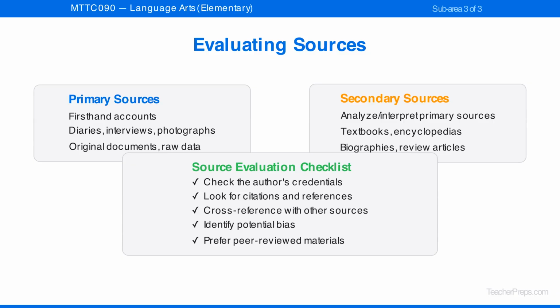Different perspectives, different publication dates, or different intended audiences. For online research specifically, students need skills in keyword selection, evaluating website credibility by checking the domain, author, and date, and understanding that not everything online is true. Teachers can scaffold online research by providing curated lists of pre-approved websites, sometimes called pathfinders or web quests.